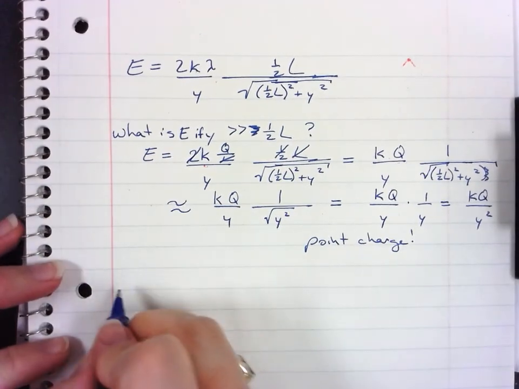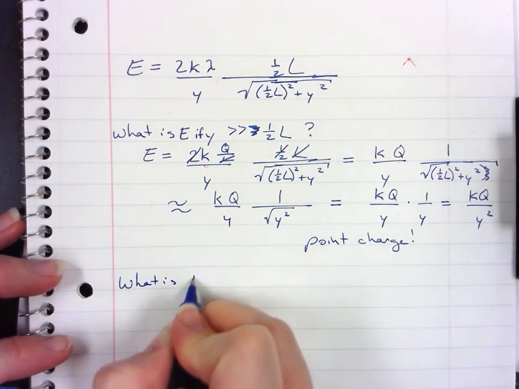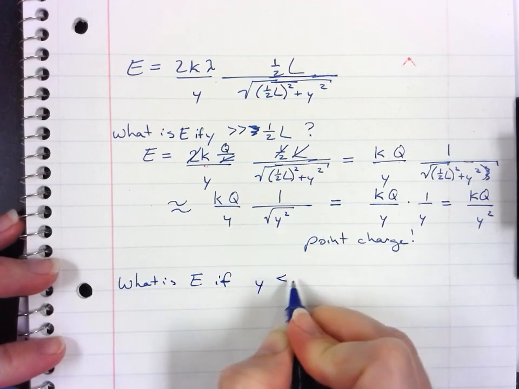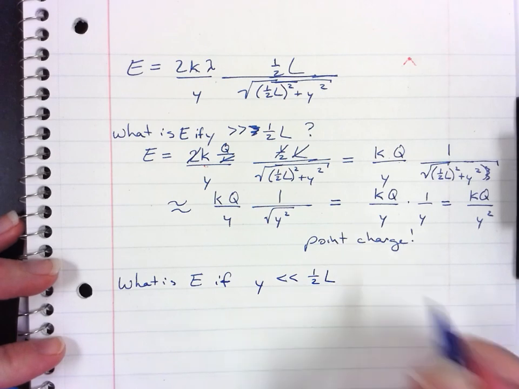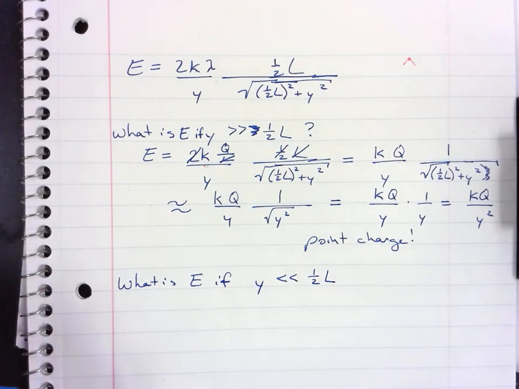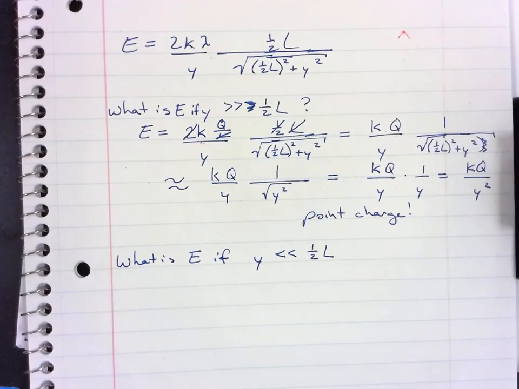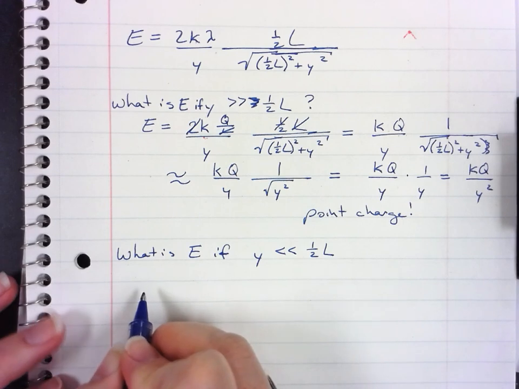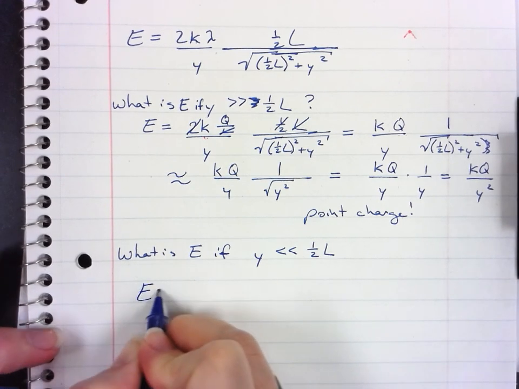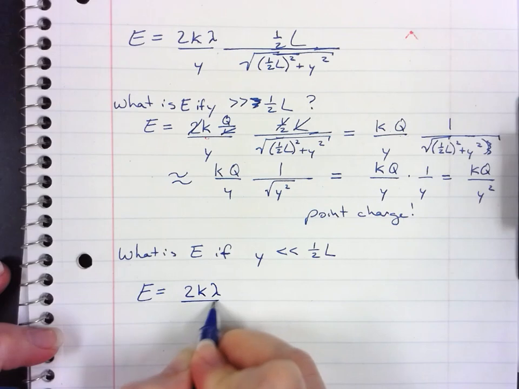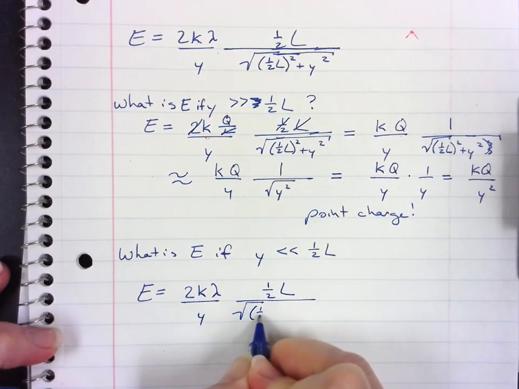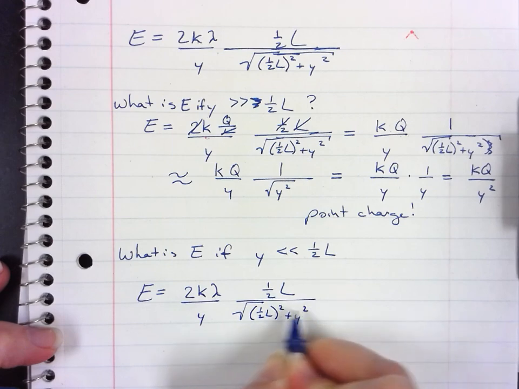The other case I want to look at: what is E if y is much, much less than 1/2 L? So this means you're getting really, really close to the line. Again, I'm going to start from the basic equation that we derived, which is in the other video where I actually derive it. 2k lambda over y times 1/2 L over the square root of 1/2 L squared plus y squared.